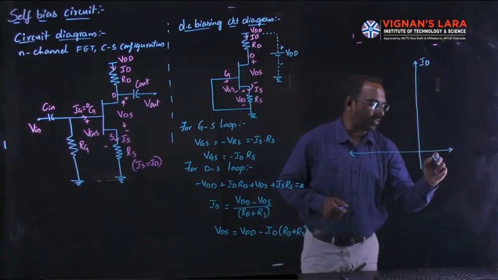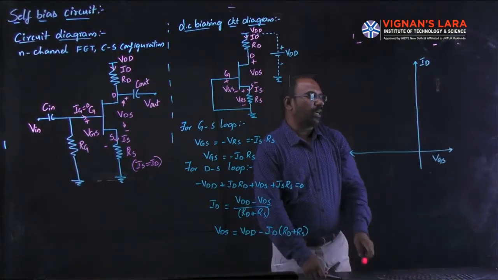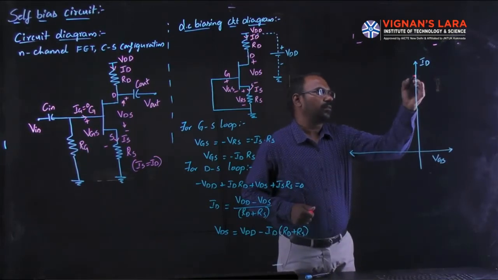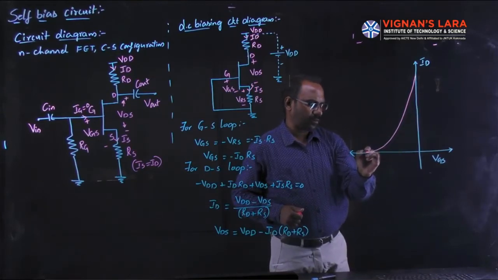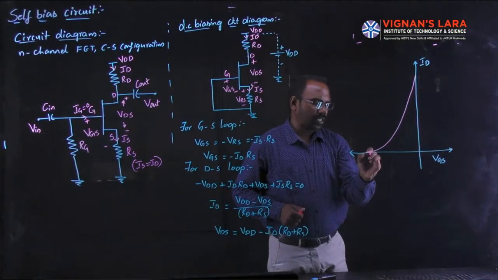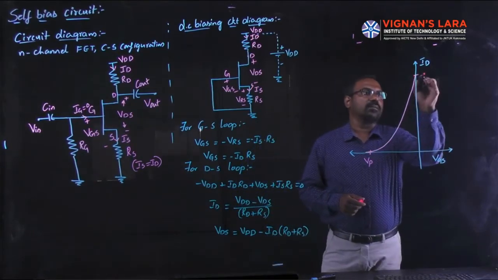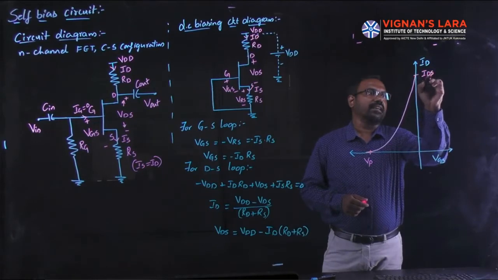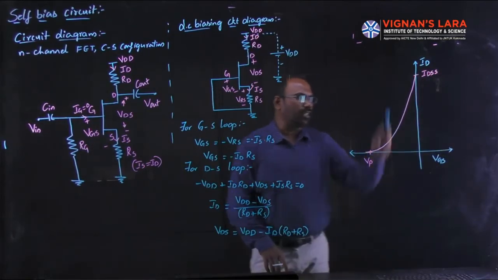Here I am taking VGS, so it will be like this. So this point is VP, pinch off voltage. So the maximum is IDSS. So I think you may have confusion how this came.